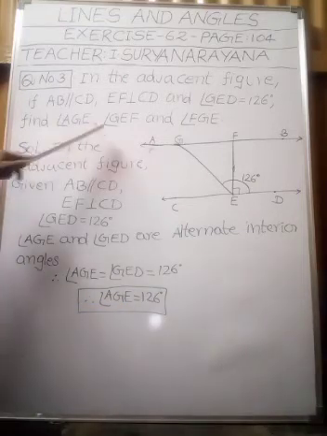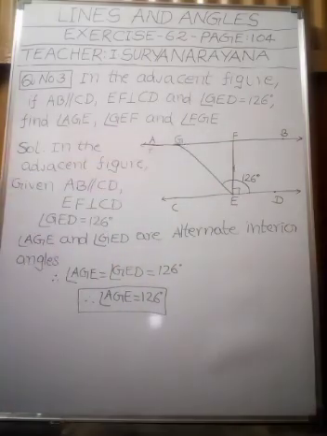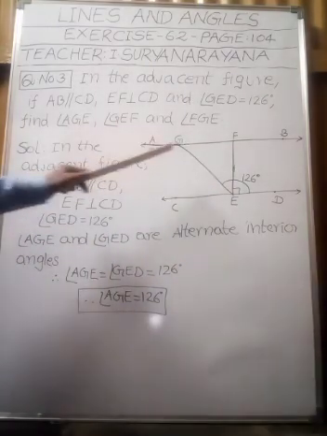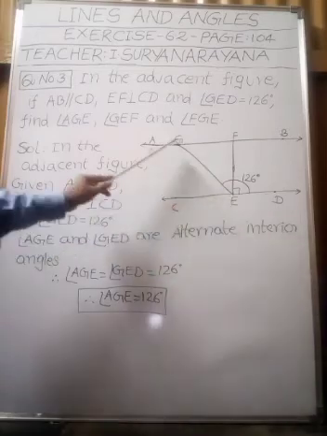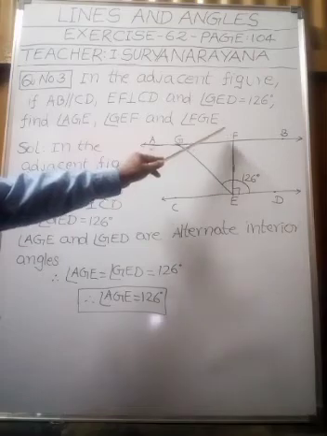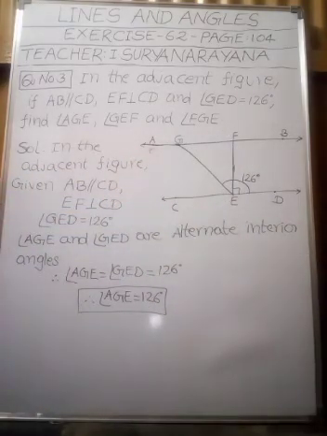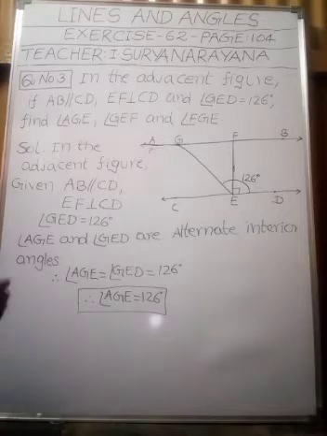Now come to angle GEF. We have to find angle GEF. If you observe this angle GED, it is nothing but the sum of angle GEF plus angle FED. Isn't it or not, my dear children? Yes.